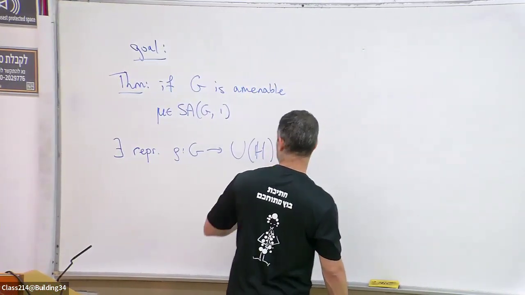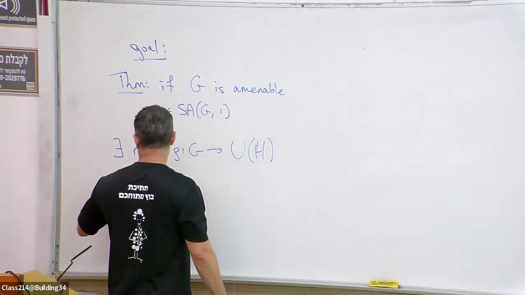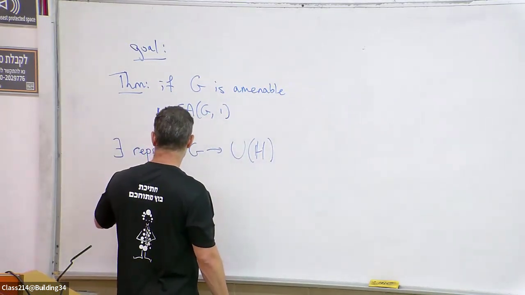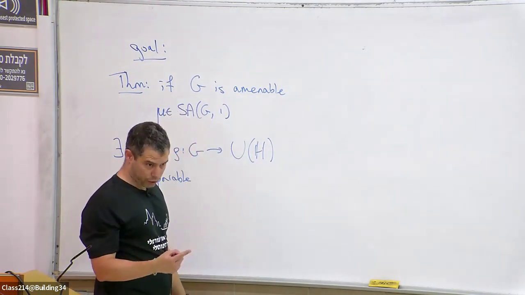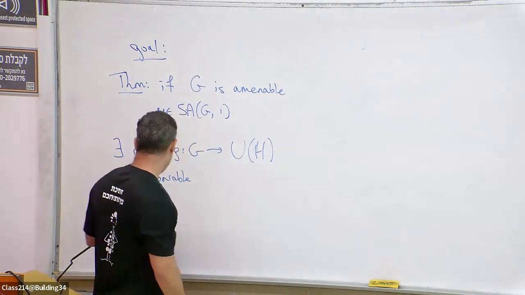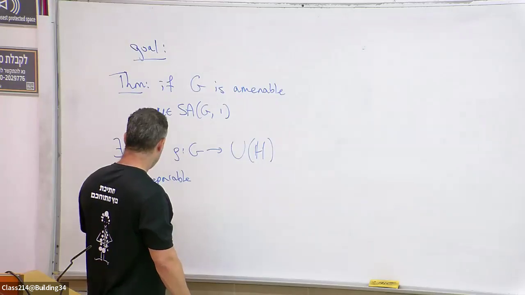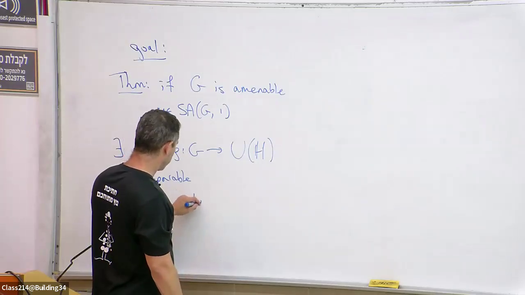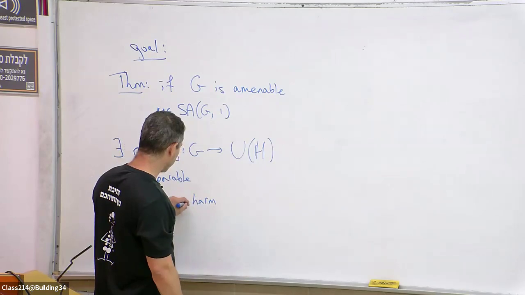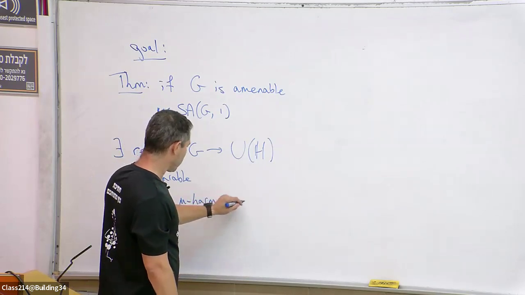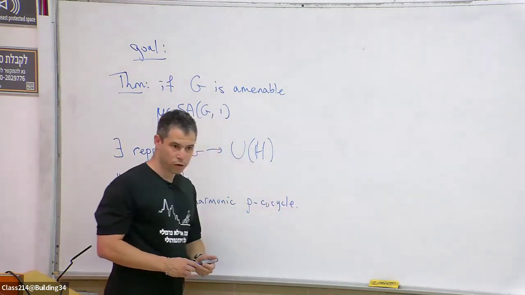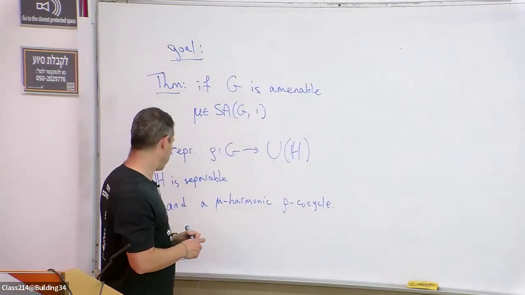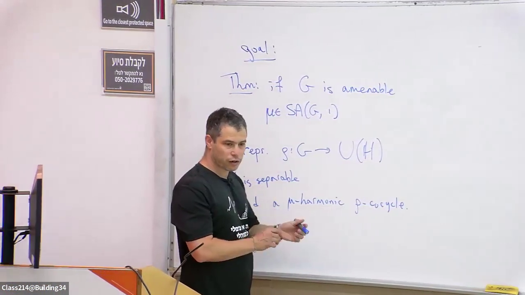This Hilbert space is separable. In fact, it's just L2 of G with a different unitary action. And a mu-harmonic rho cocycle. So we can find the harmonic rho cocycle.